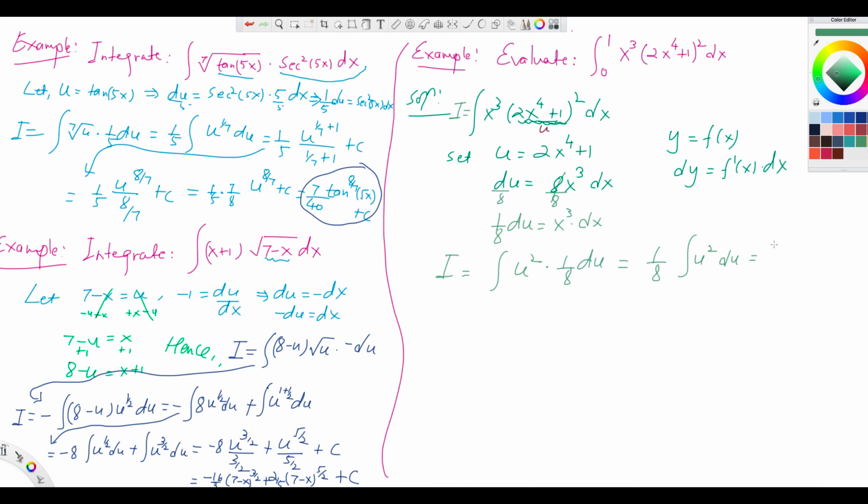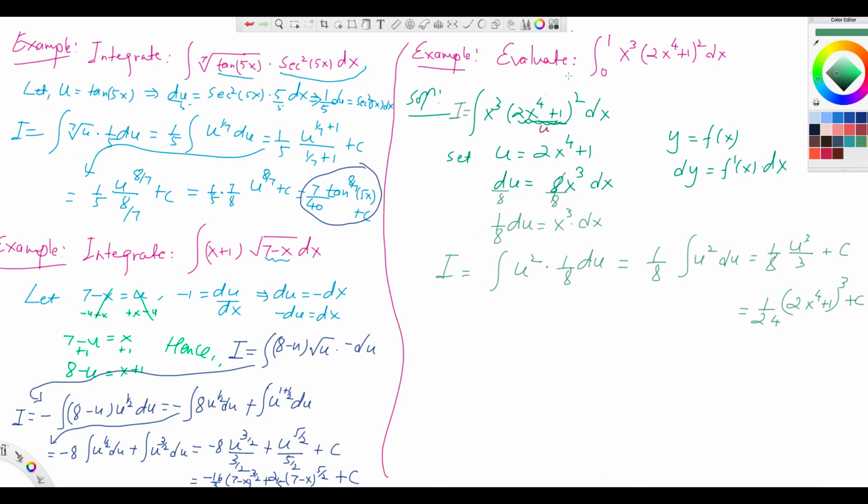This can be written as 1 over 8 times u to the 3 over 3 plus c, right? So this is what you get. Now you plug back in the value of u. You get 1 over 24 times (2x to the 4 plus 1) to the third plus c. That's what you get.